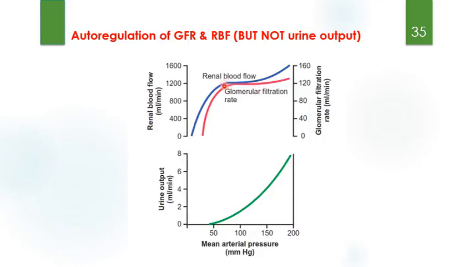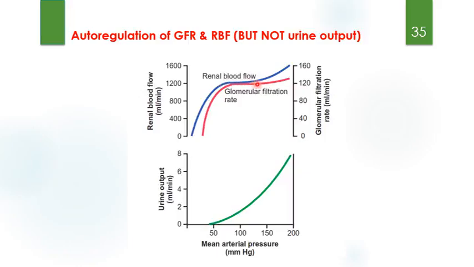As we mentioned, from 75 to 175, in this range, even with a decrease of blood pressure from about 95 millimeters of mercury, which is normal mean arterial pressure, if we go higher or lower to 75, the renal blood flow and GFR are maintained.